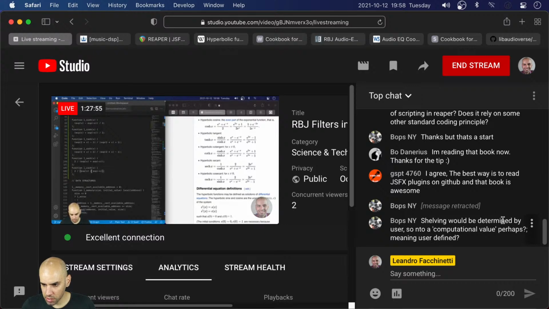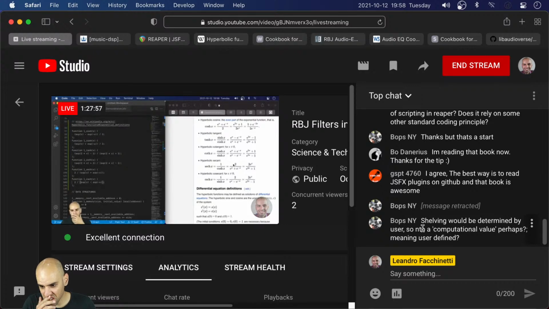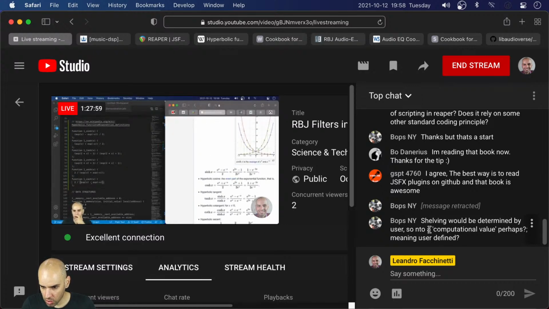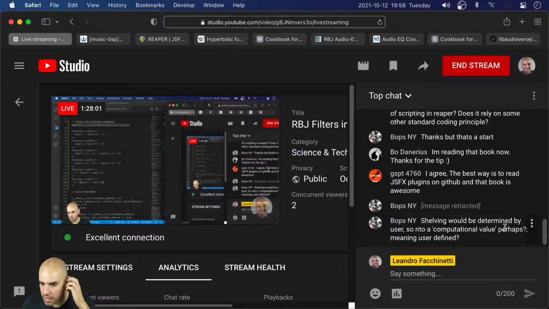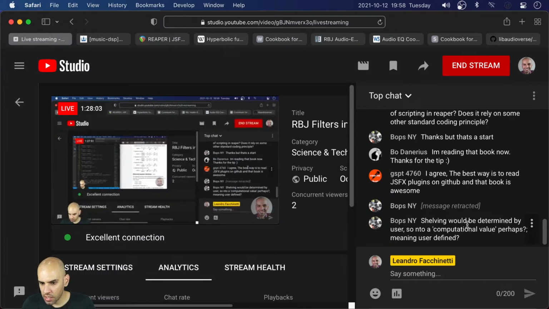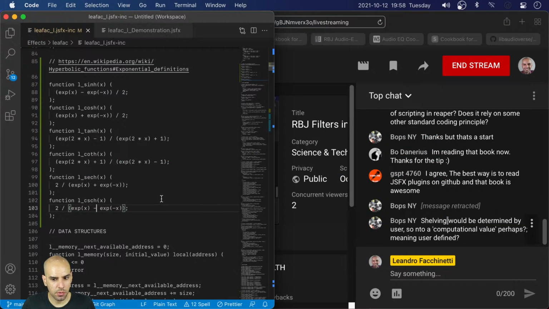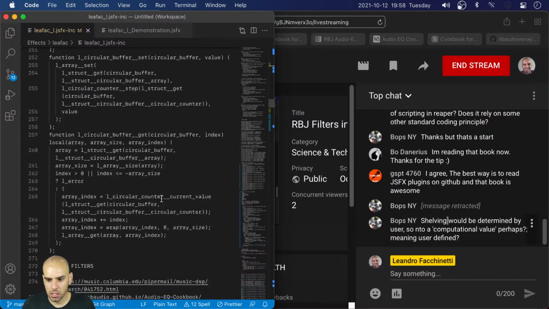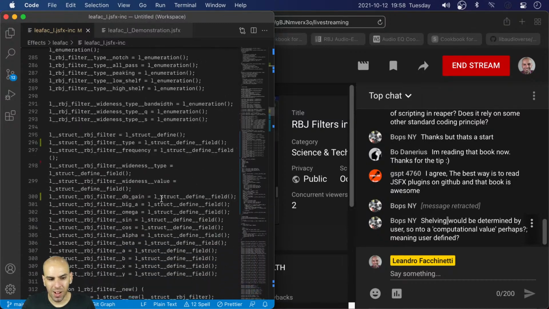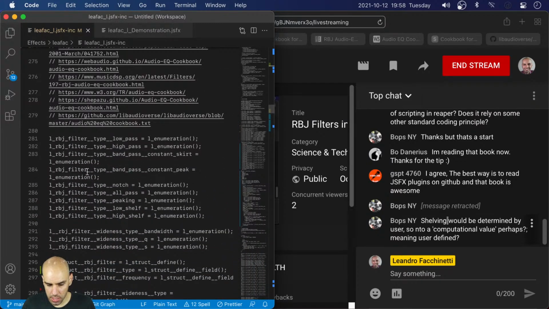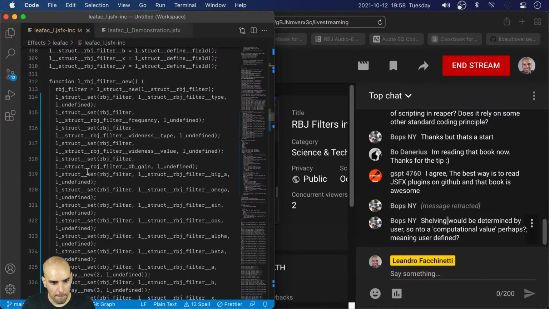Shelving would be determined by user. So not a computational value, perhaps, meaning user defined. Yeah, so the fact that you're using shelving instead of some other type is determined by user. But I'm not really sure what you mean by all this. What kind of filter that you're using is determined by the user.